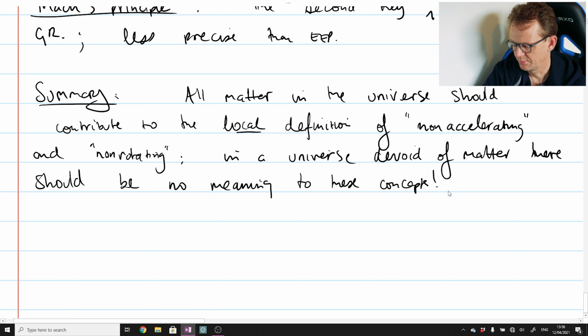And this is really pretty deep, right? These concepts don't make sense without matter. You need matter to give sense to the notion of non-acceleration and non-rotating.